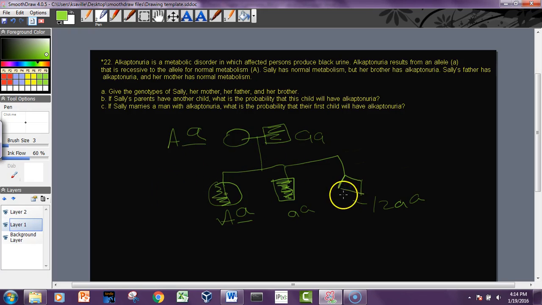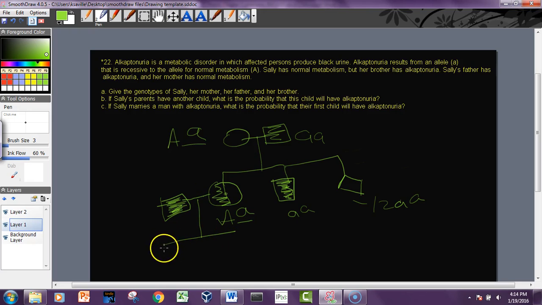If Sally marries a man, so here's Sally. Now she's going to get married. He's got it too, so she just happened to pick a guy somehow that had alkaptonuria. Seems like the odds are pretty low. I always joke that maybe they were at an alkaptonuria convention or something when they met. What's the probability that their first child will have alkaptonuria?